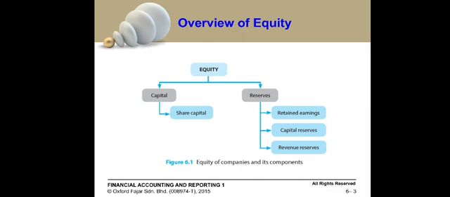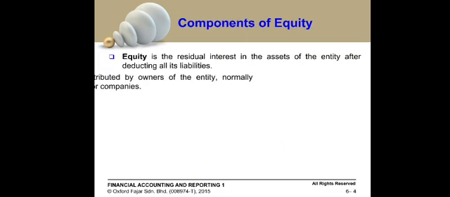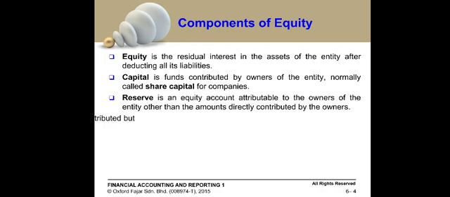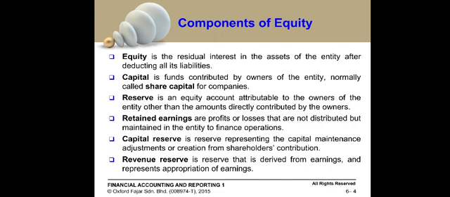So you will learn a bit about shares in this topic. And then for reserves, there are three types of reserves: retained earnings, capital reserves, and revenue reserves. These are several terms that you have to know related to the topic of equity of a company.